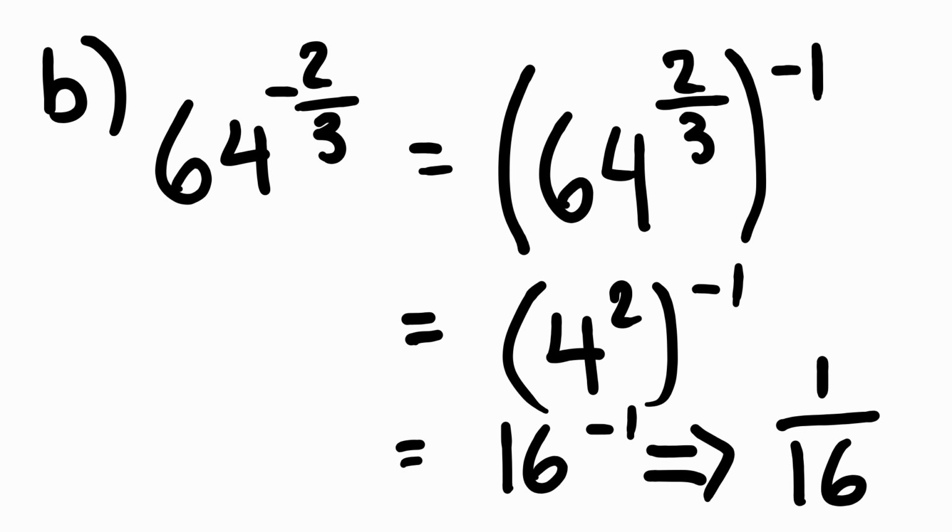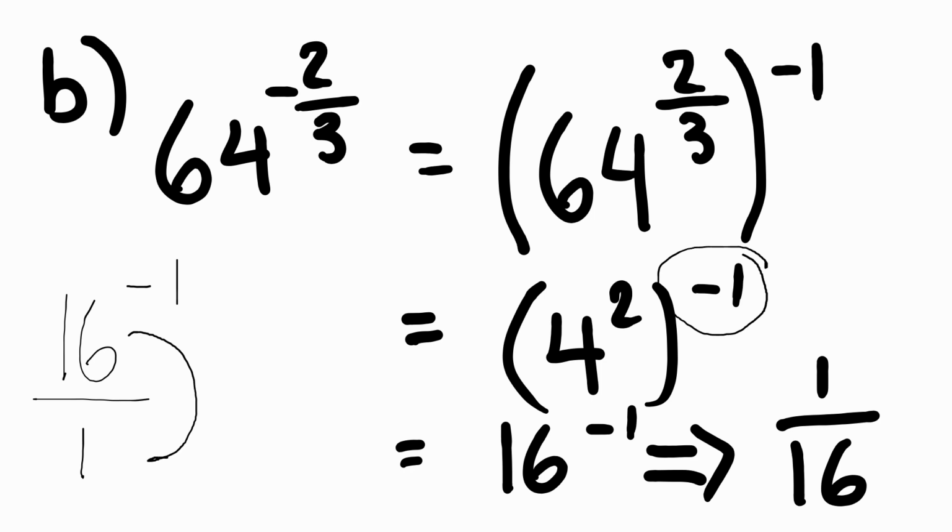So we do cube root of 64, which is 4, and then we square it to get 16. Now we bring the negative power back to get 16 to the minus 1. And if you remember, 16 is the same thing as 16 over 1. And when we have a negative power, we do the reciprocal. So the 16 will go down here and the 1 will go up here to get 1 over 16.